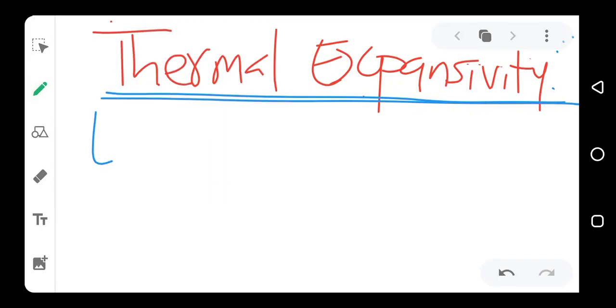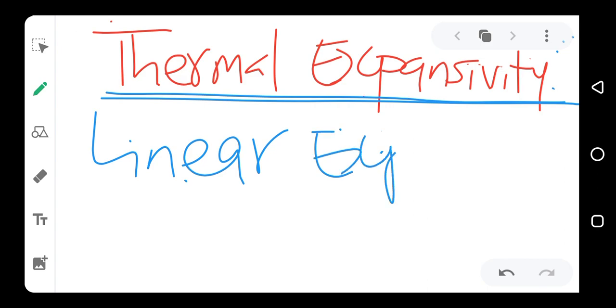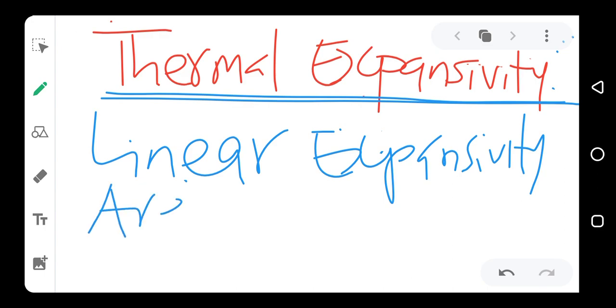1. Linear expansivity. 2. Area expansion or area expansivity. 3.